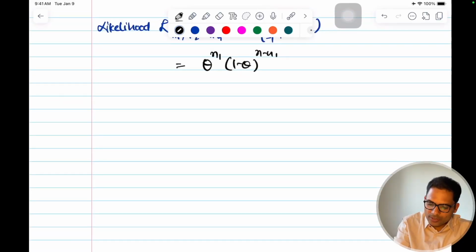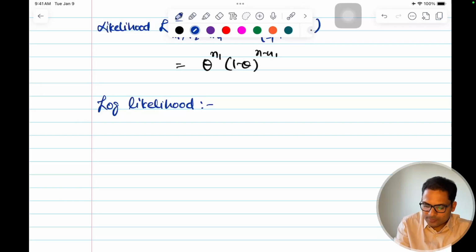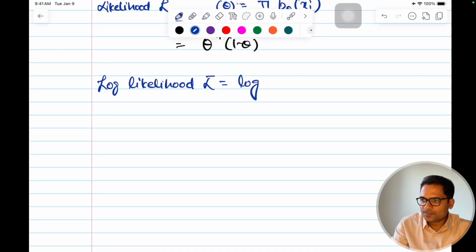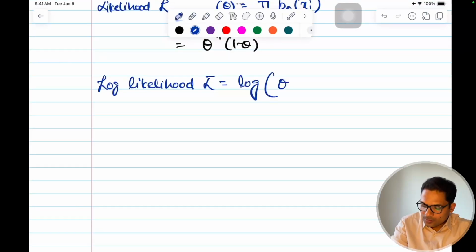So what will be my log likelihood? L bar is equal to log of theta to the power n1 into 1 minus theta to the power n minus n1.